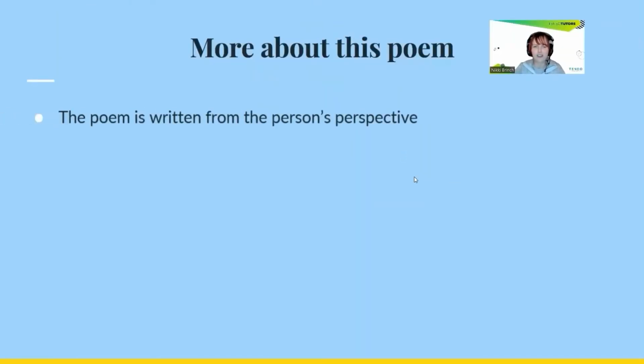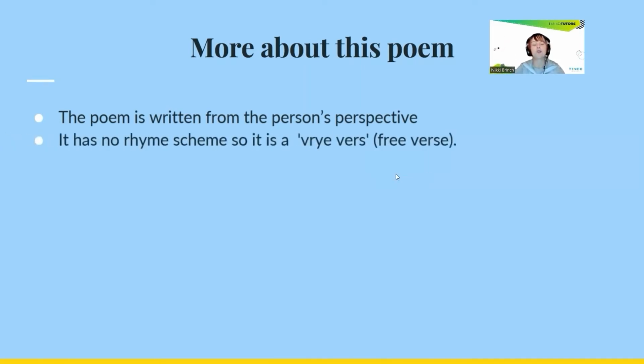So, more about this poem, because we actually need to get a bit of an idea of what's going on. So first of all, this poem is written from the person's perspective. It's almost like the character in this poem is talking to you. He's telling you what's happening in his day. Then it has no rhyme scheme, so it's called a vrye vers, a free verse.